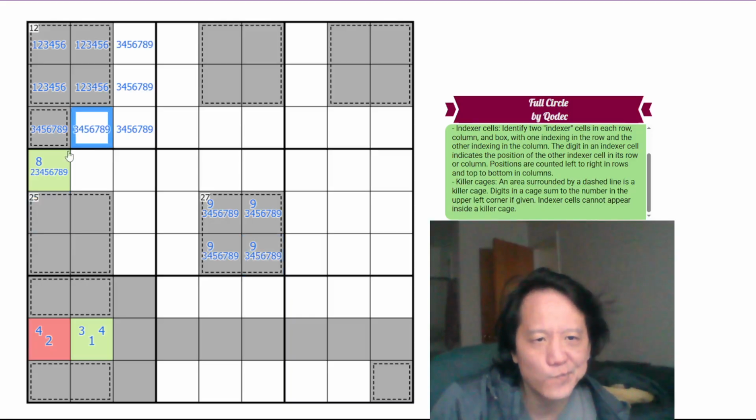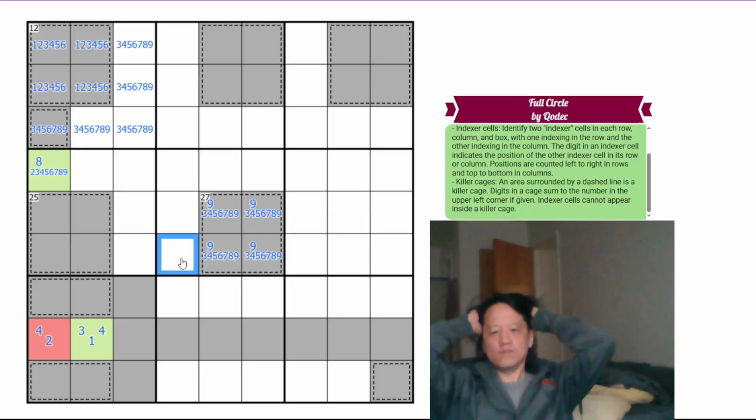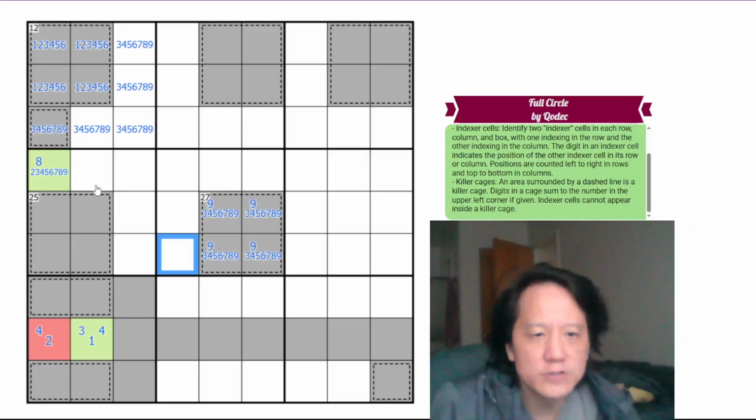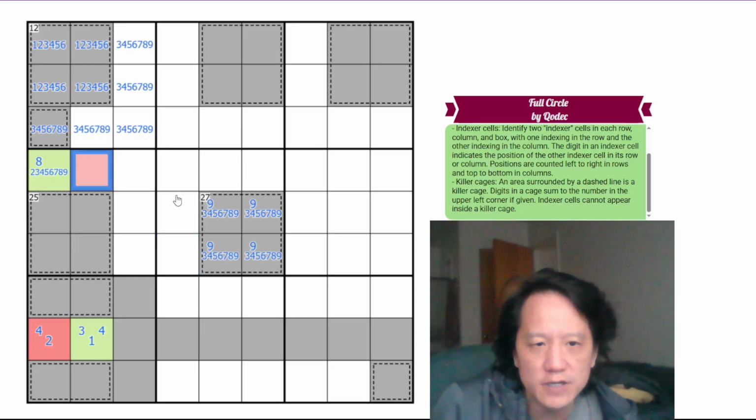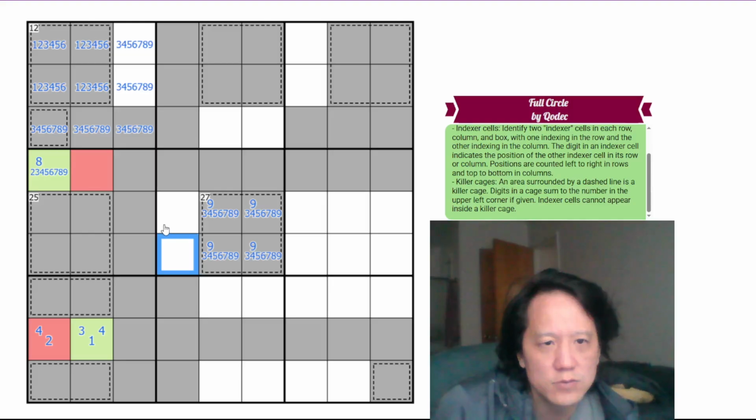Okay. So yes, let's assume this is an indexer, which means there's no more indexers in row 4, in box 2, in column 2. That means the indexers in box 5 have to both be here, so this cannot be indexer, this cannot be indexer, so both of these are indexers, which eliminates indexers here and indexer here, because this is the only two possible.